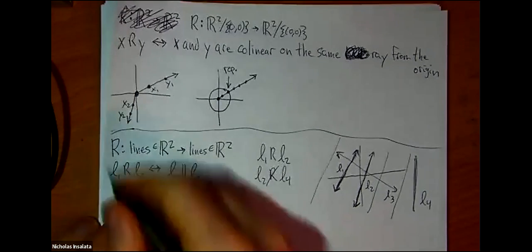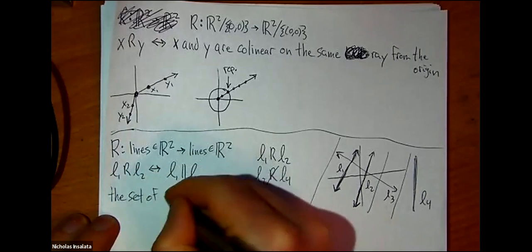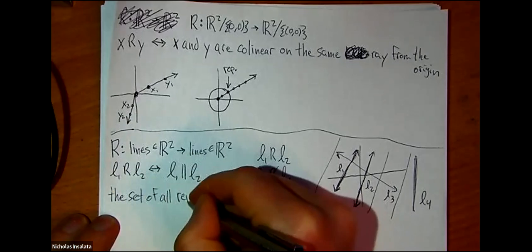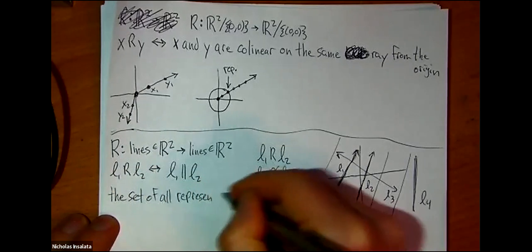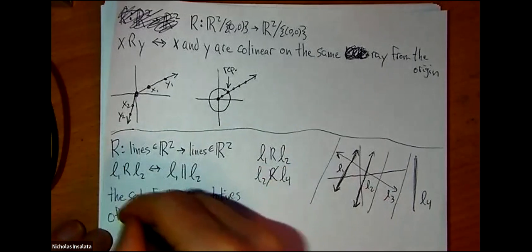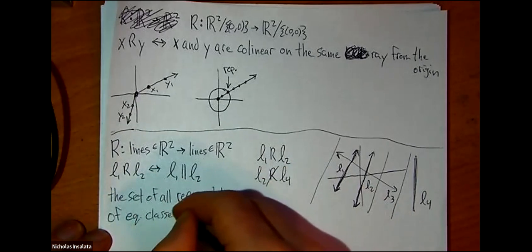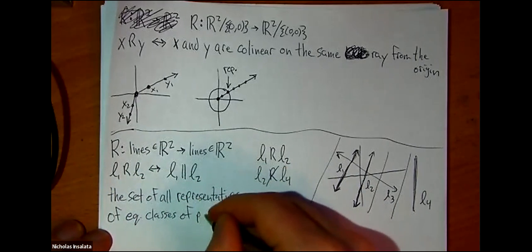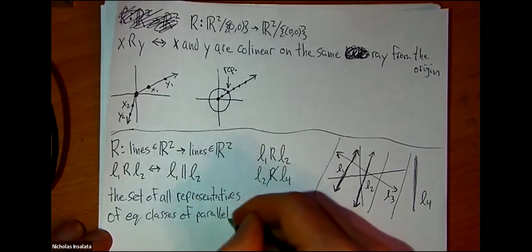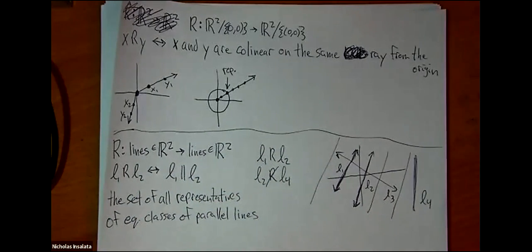So the set of all representatives of equivalence classes of parallel lines would be what?